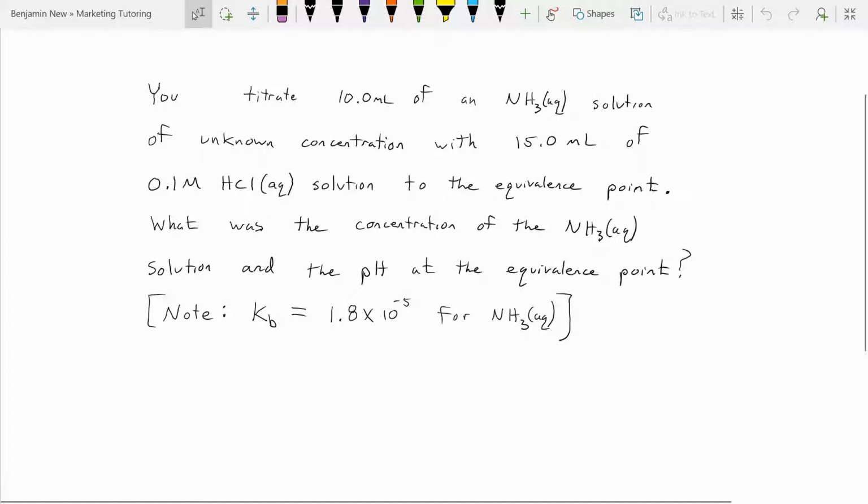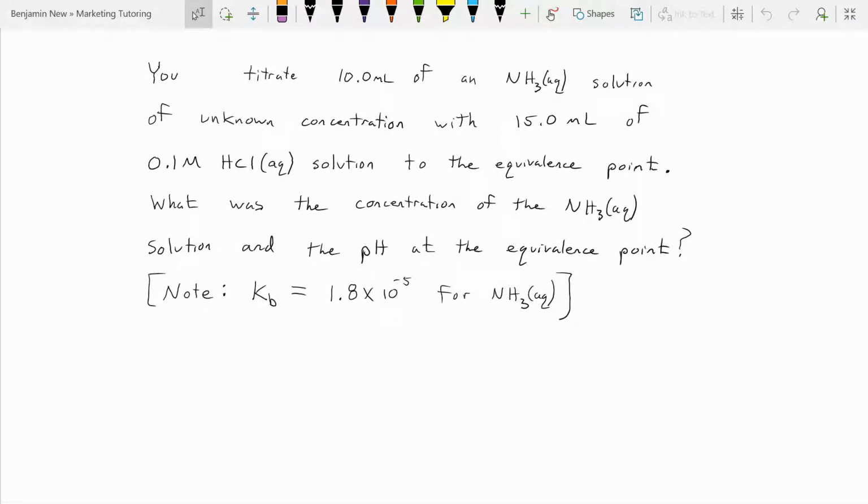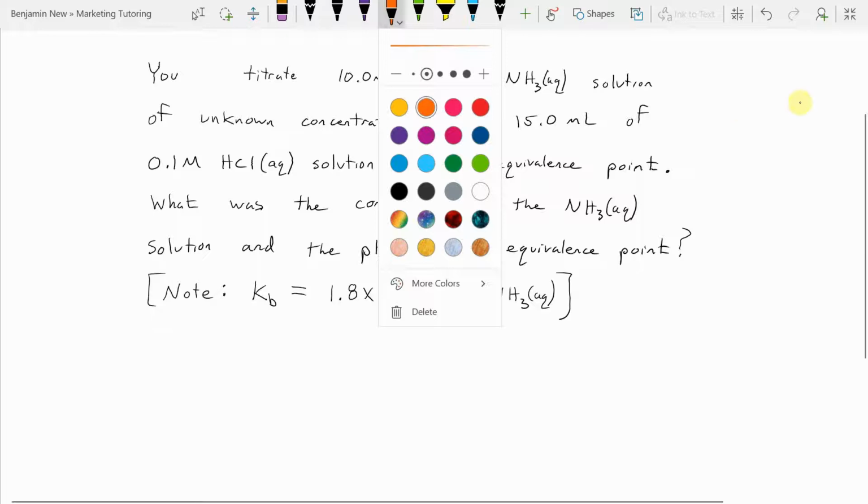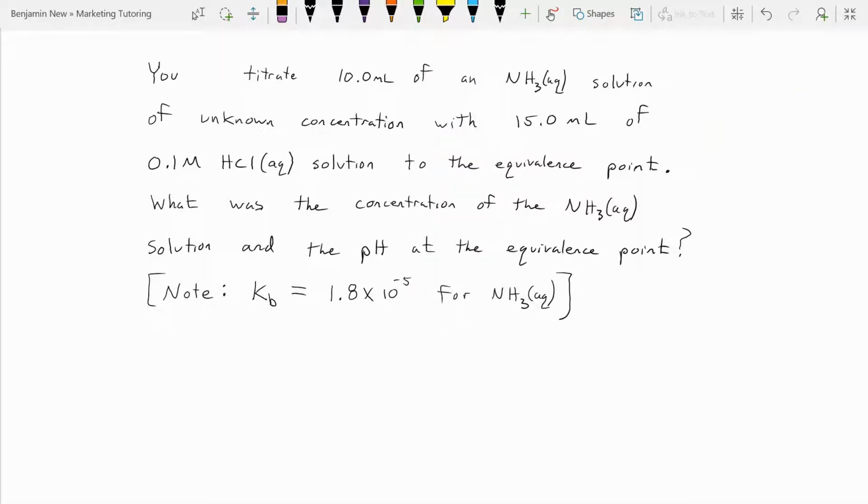Okay, let's go ahead and deconstruct this problem. All right, so we have 10.0 milliliters of an ammonia solution. We don't know the concentration.